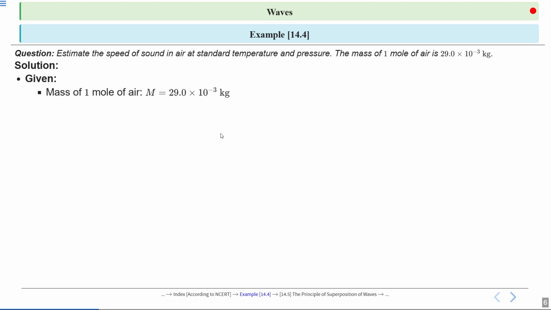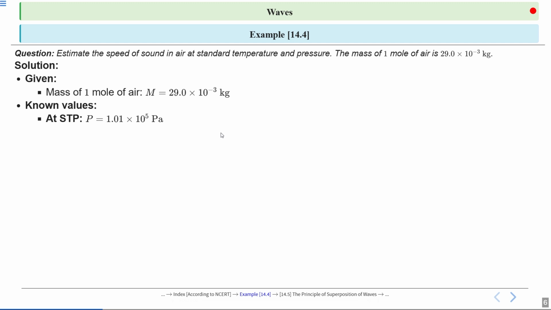Remember, a mole is a standard quantity in physics, representing Avogadro's number of particles. Now let's list some other known values that are standard for these types of problems. These include pressure, temperature, volume, and the specific heat ratio for air.